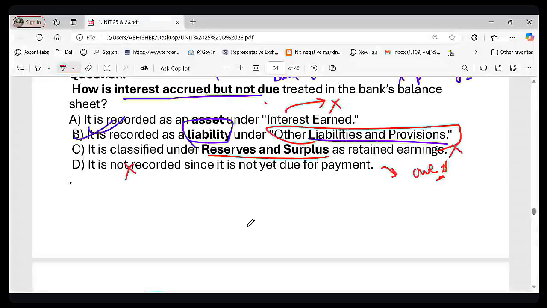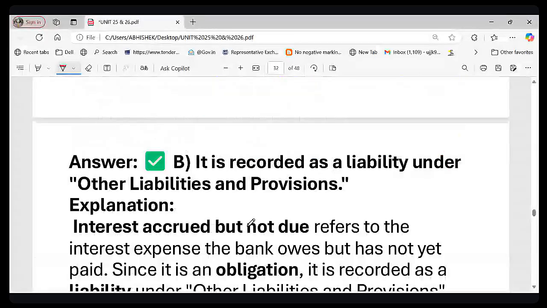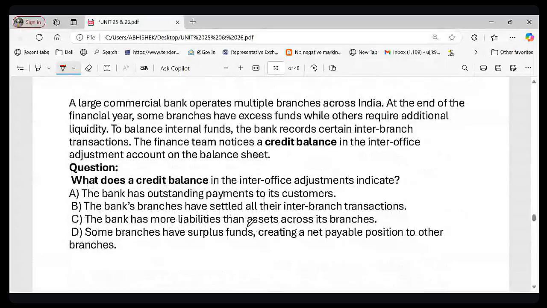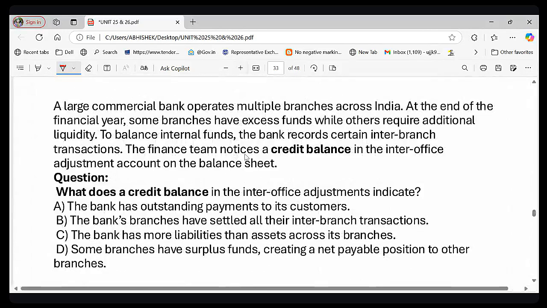The next question, as you can see on our screen. Imagine you are working in the finance department of a large commercial bank with branches all across India. At the end of the financial year, you notice that some branches have excess fund, right, while other are short on liquidity.